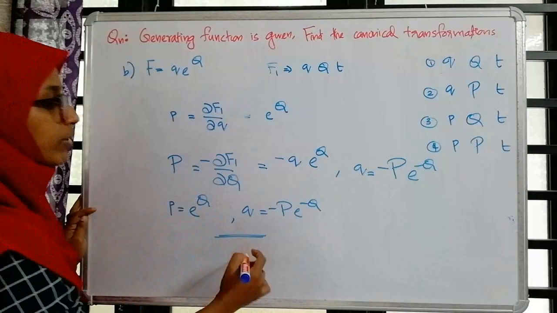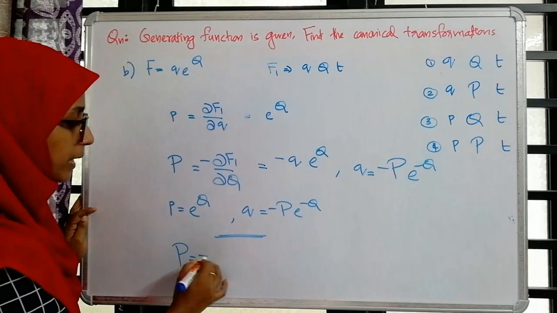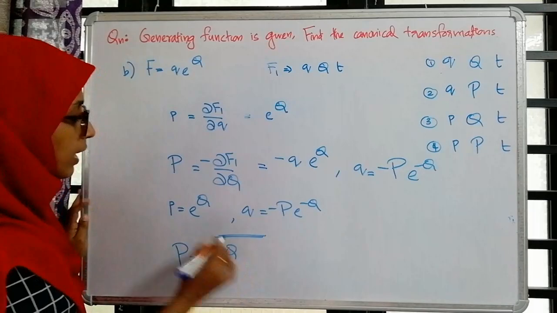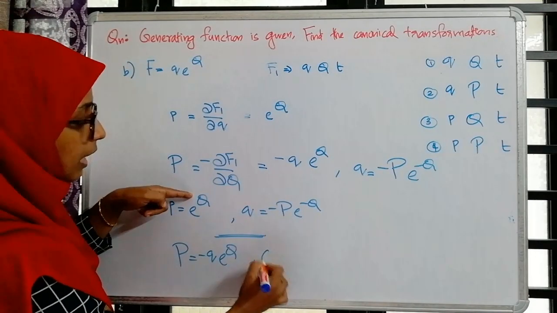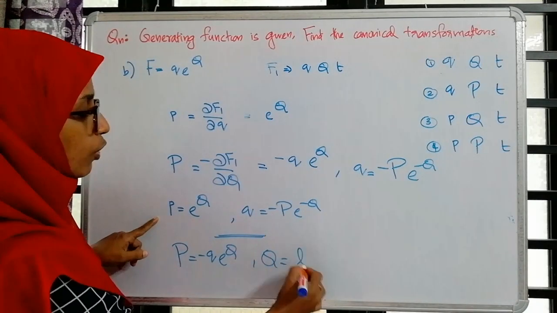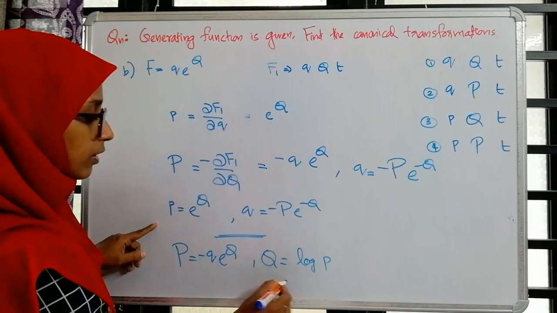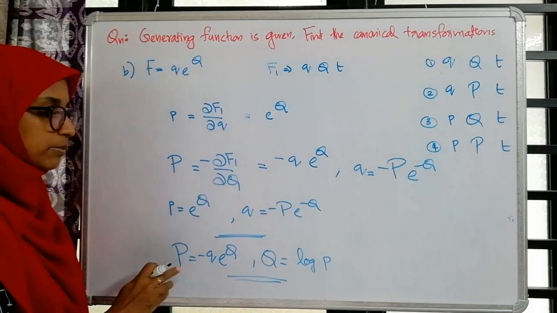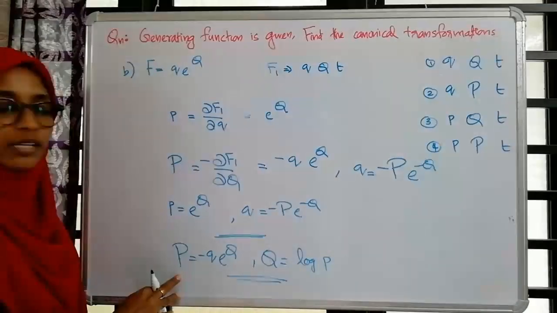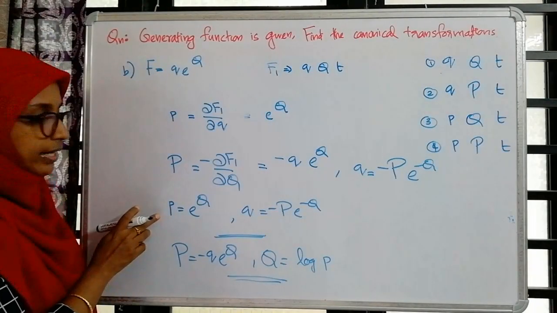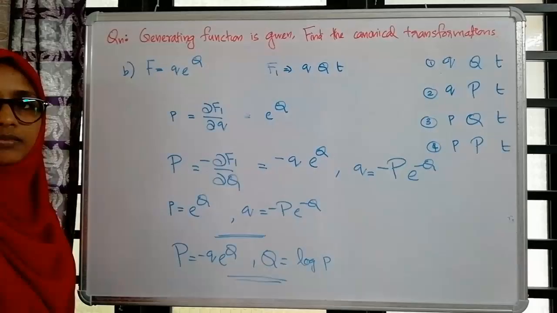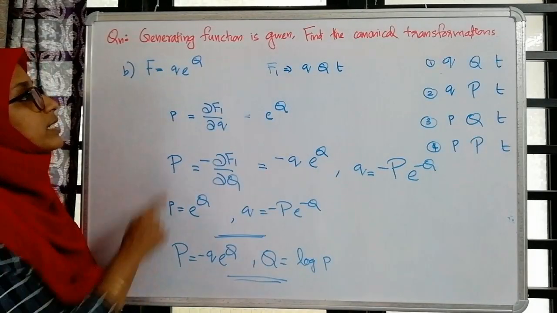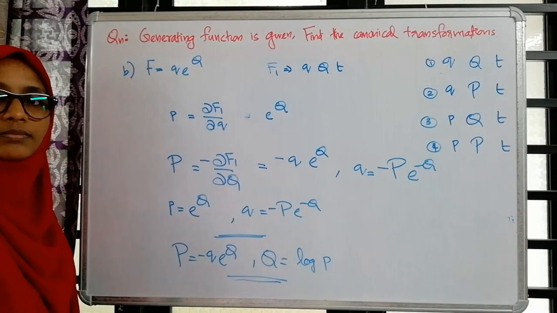We already have capital P is equal to minus q e raised to Q, and from this we can write capital Q is equal to log P. If we are given the options in terms of new coordinates, we can write like this. If we are given with the old coordinates, we can write like this. These are the transformation equations from this equation.